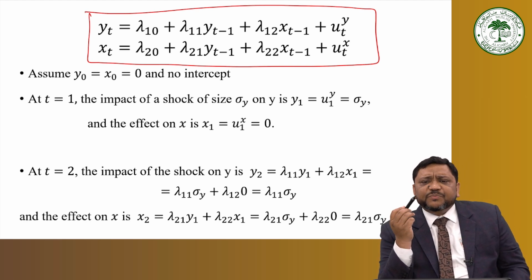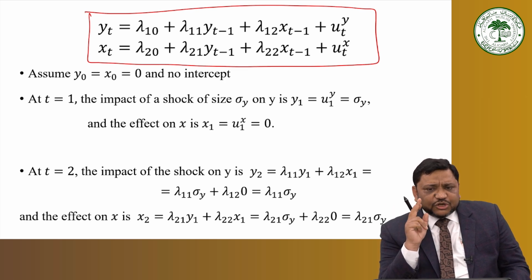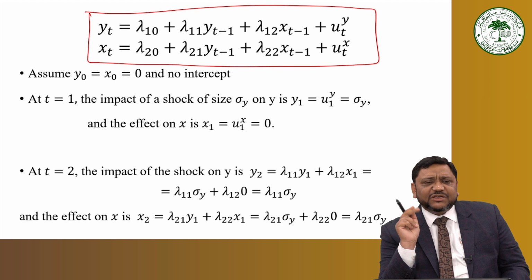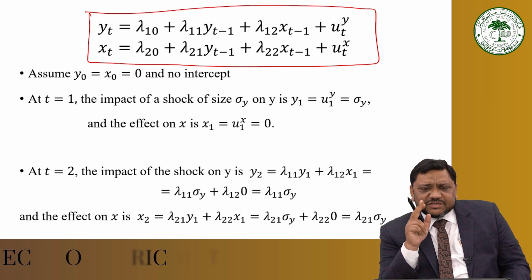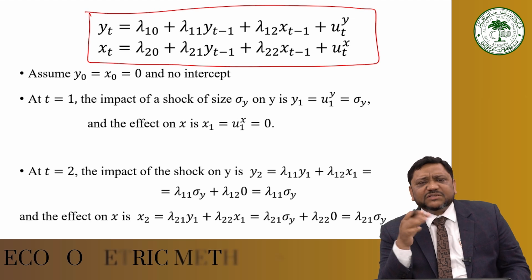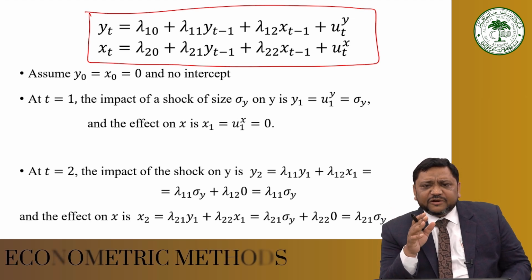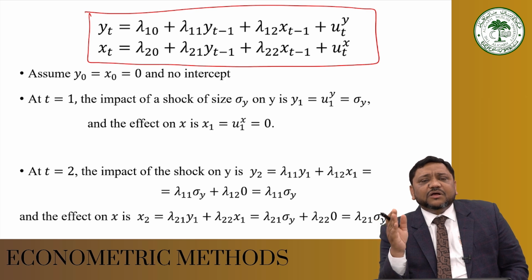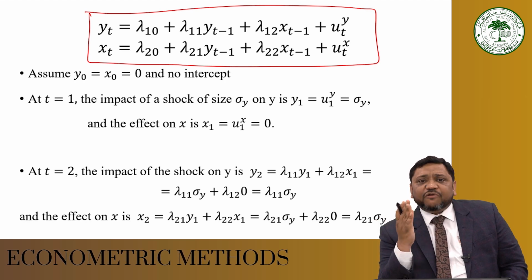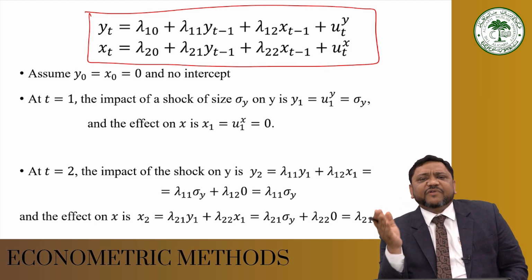So let there be a one standard deviation shock on y, so that at time t equal to 1, the error of y is equal to sigma y, that is the standard deviation of y, and after that the error of y gets a value of 0.